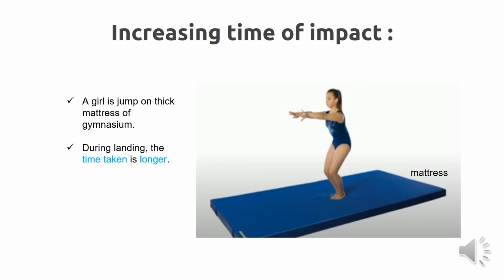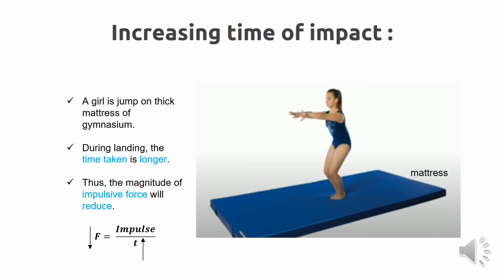During landing, the time taken is longer. Thus, the magnitude of impulsive force will reduce. Look at the formula of impulsive force. When the time taken is longer, the impulsive force is reduced.